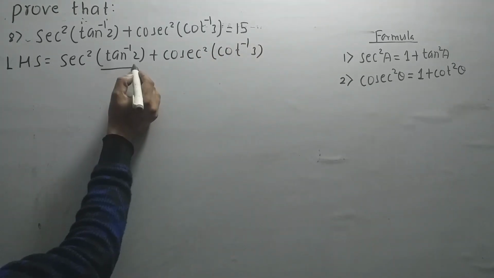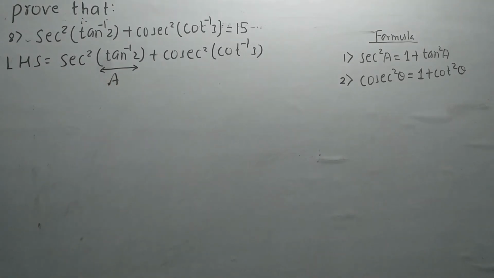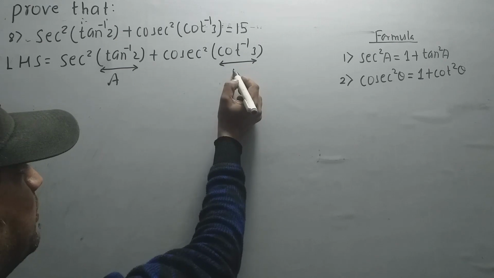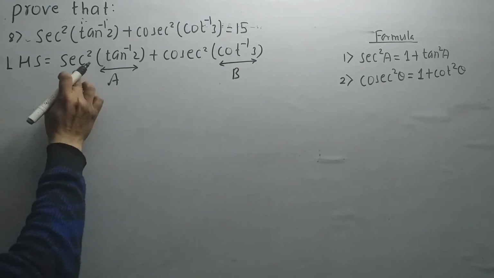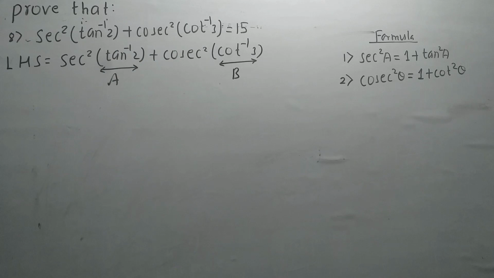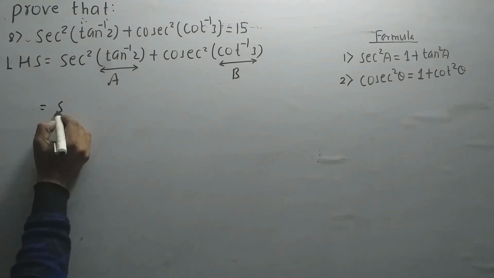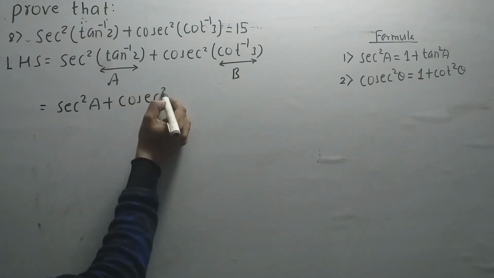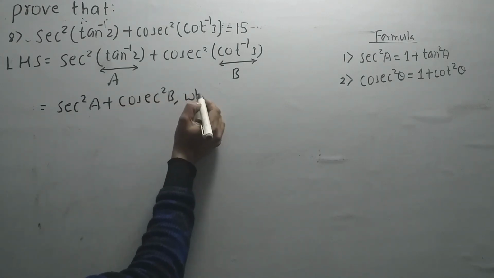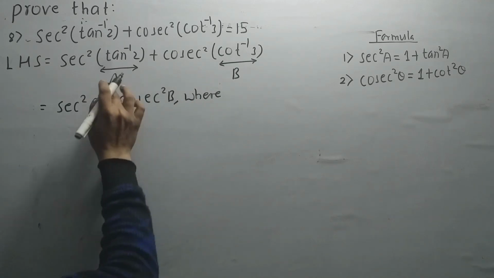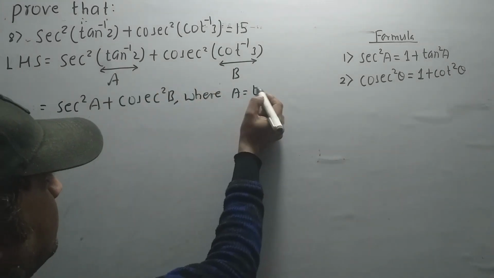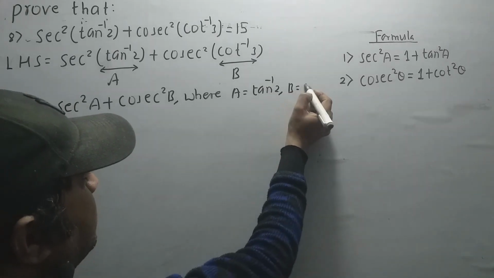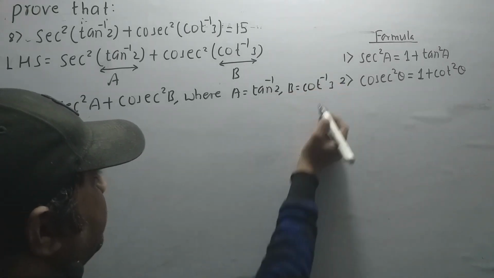For this tan inverse 2, suppose that is angle A. For this cot inverse 3, suppose that is angle B. So it appears sec square A plus cosec square B. Write here sec square A plus cosec square B, where A is tan inverse 2 and B is cot inverse 3.